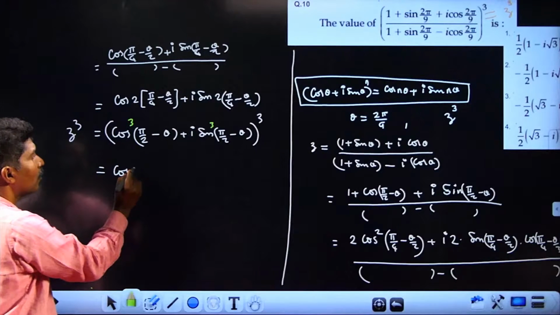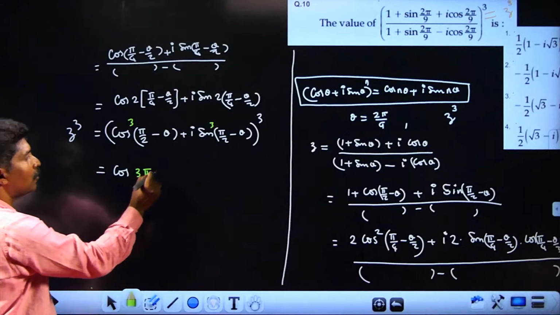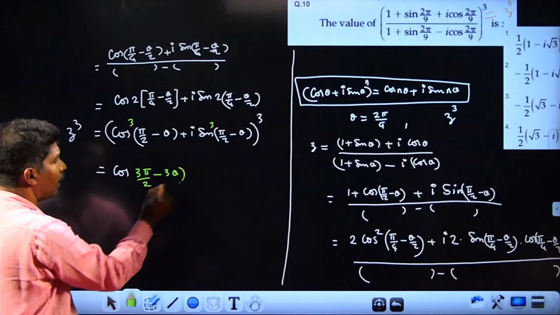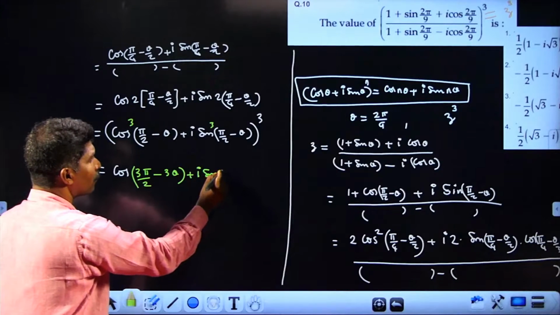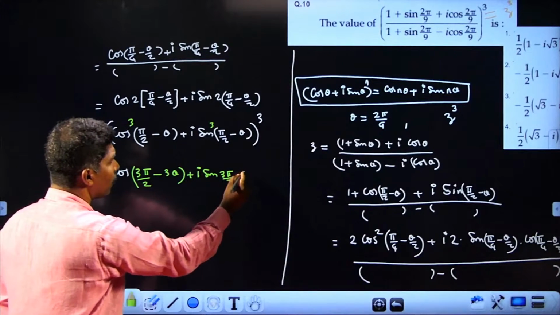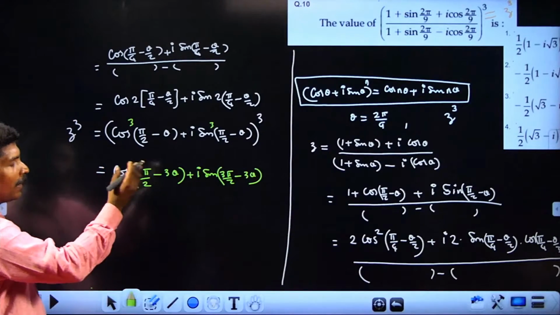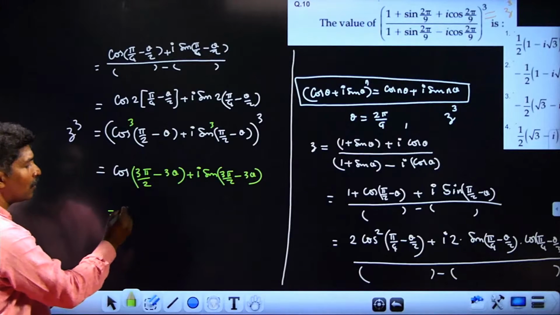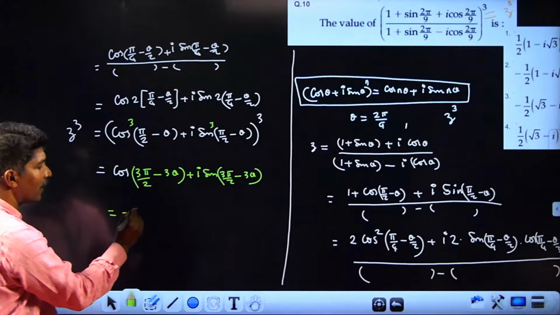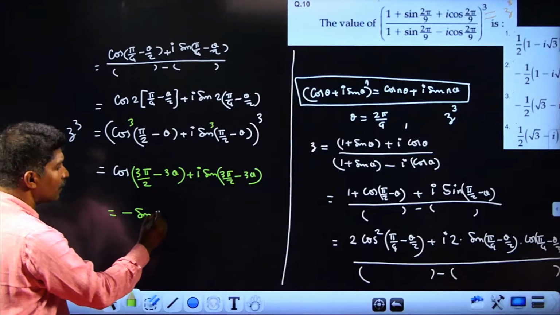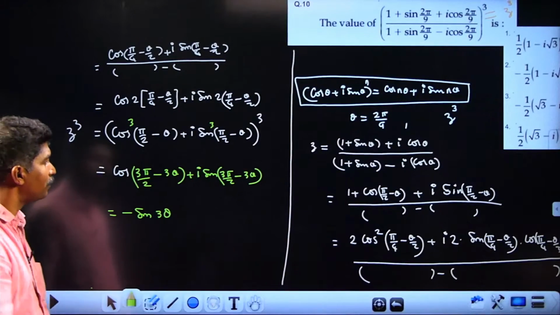So you will be getting cos(3 pi/2 - 3 theta) + i sine(3 pi/2 - 3 theta). Cos(3 pi/2 - 3 theta) is equal to sine, is it sine? Negative sine, I think. Negative sine of 3 theta.